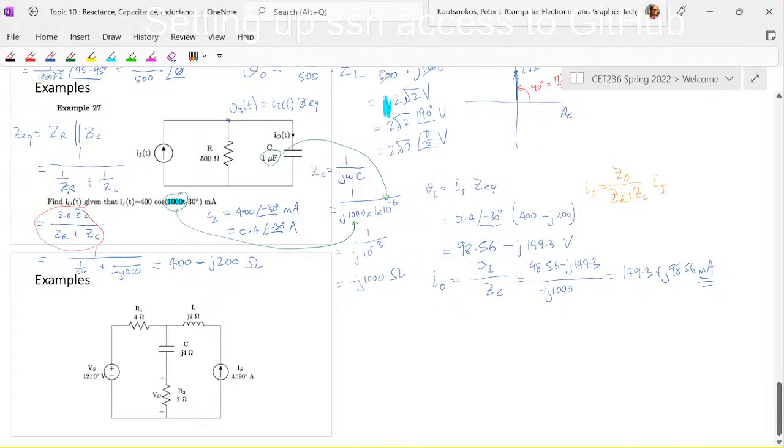The only reason you need to know the frequency is if you're only given the capacitance or the inductance in farads or in henries.